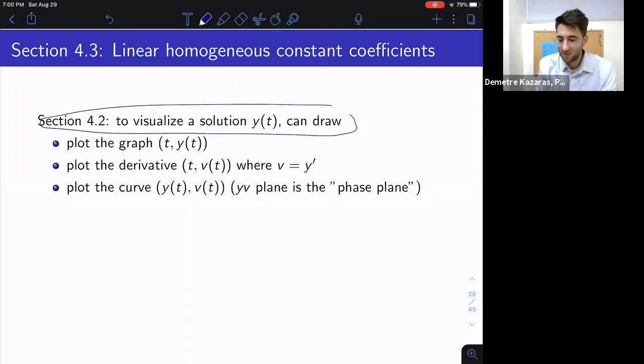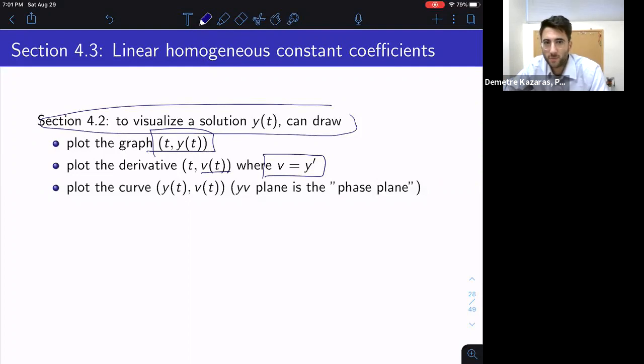All right, so let's go through the things that you can do in order to visualize your solution. On one hand, you could just try to draw the graph, try to find a solution and then graph it. That gives you an idea of what the solution looks like, of course. Another thing you can do is plot the graph of the derivative of the function.